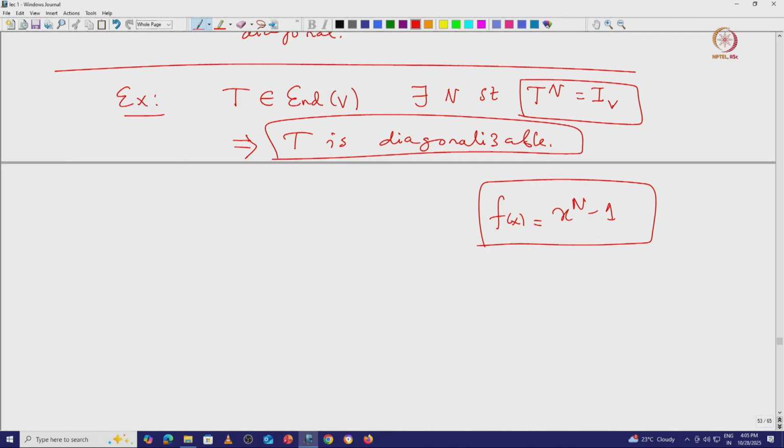And there is a very simple check one can do to verify whether a polynomial has a repeated root or not, using the derivative test. You can compute the derivative, and if the GCD of the derivative and the original polynomial is 1, then that implies f has no repeated root.